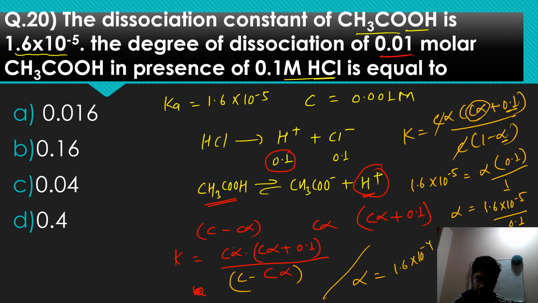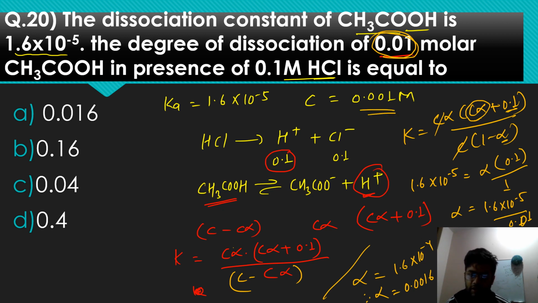Then which one is the right answer? We say that alpha equals 0.0016. So which one is the right answer? There is no right answer. I think we have made a simple mistake. The concentration of CH3COOH is 0.01, and the concentration C is cancelled here.